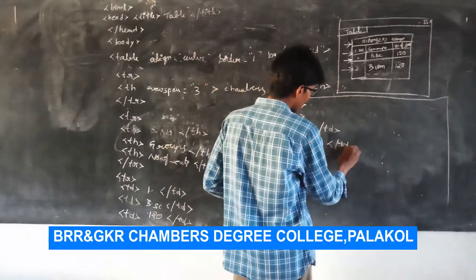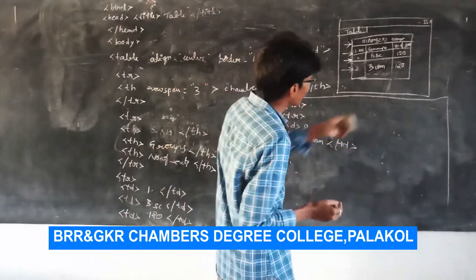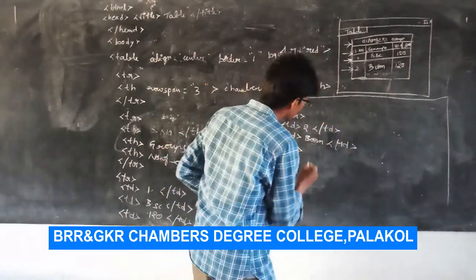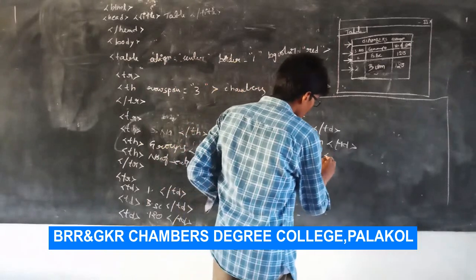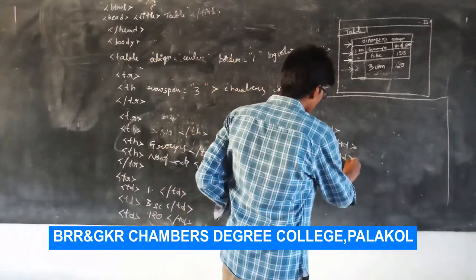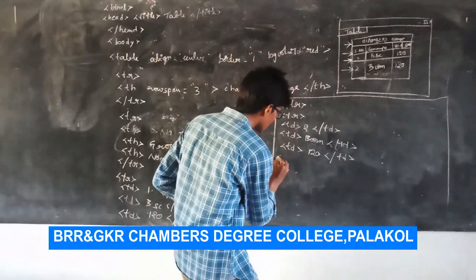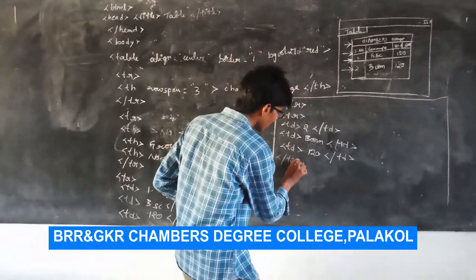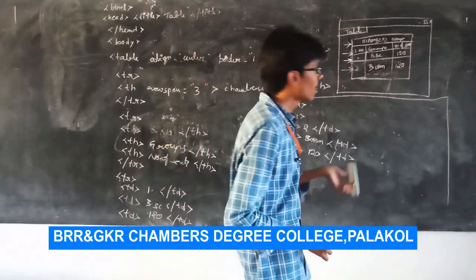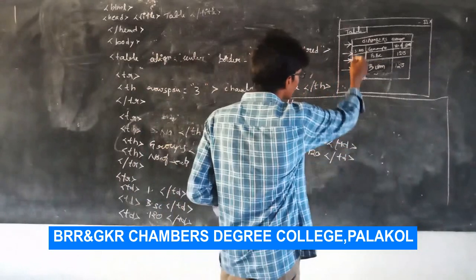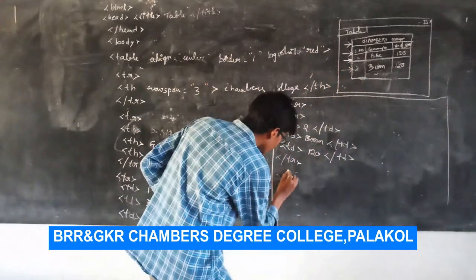Close the table data. Again another table data, that is 120. After completion, close the table data tag. Then close the table row. After completion of all these rows, close the table tag.